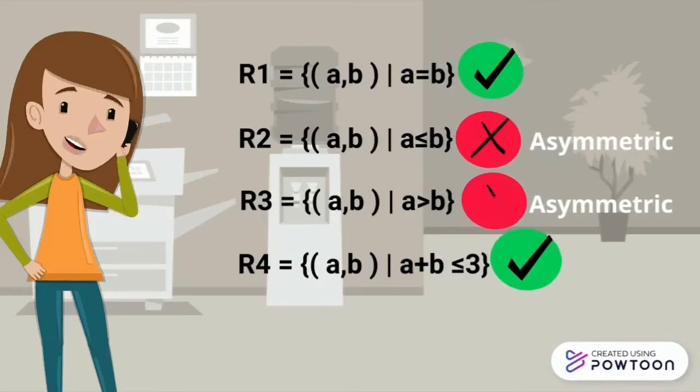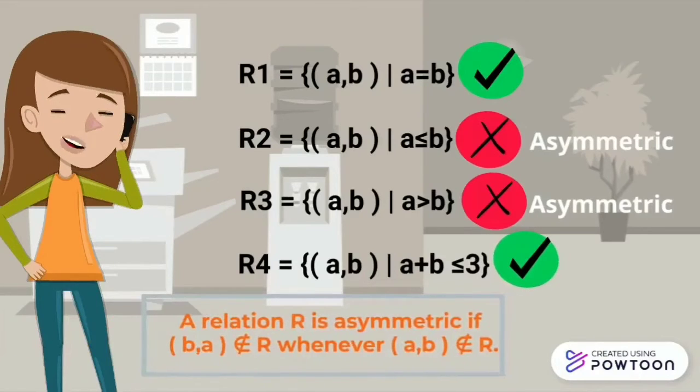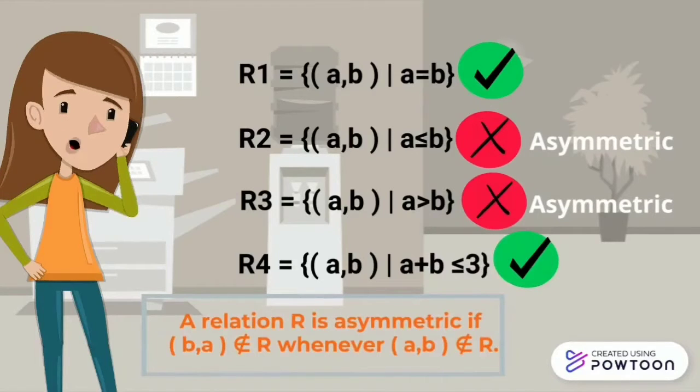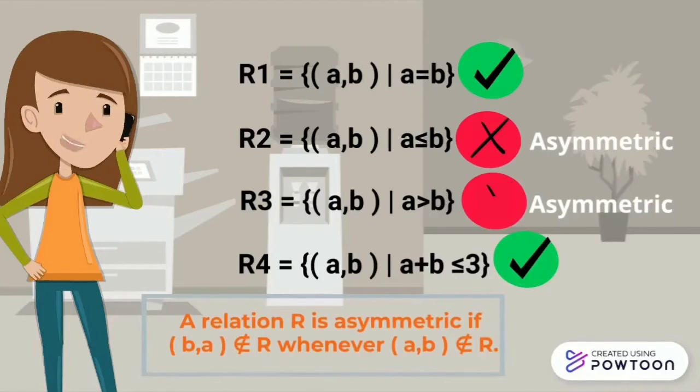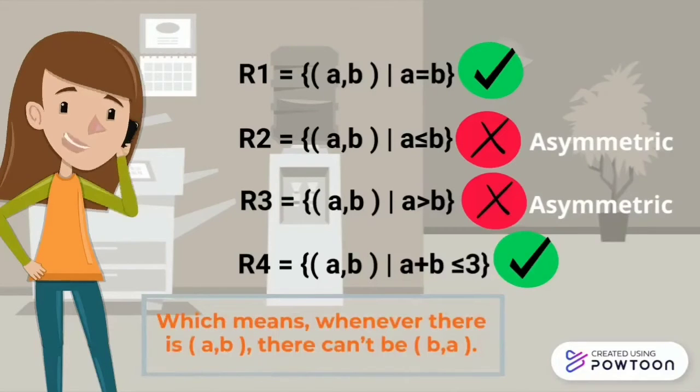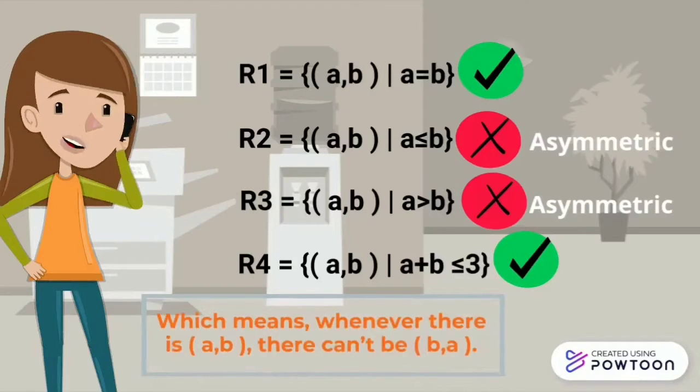We can see that R1 and R4 are symmetric, whereas R2 and R3 are asymmetric. What is asymmetric? A relation is asymmetric if (b, a) does not belong to R whenever (a, b) belongs to R, which means whenever there's (a, b), there can't be (b, a).